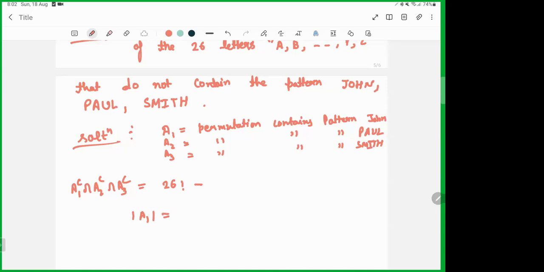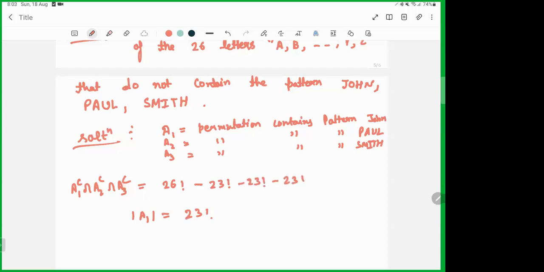So you have permutations on how many symbols? 23 symbols, right? 23 factorial. Similarly, same for Paul and same for Smith.